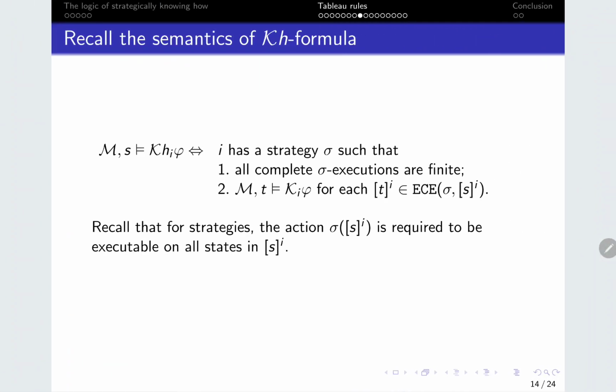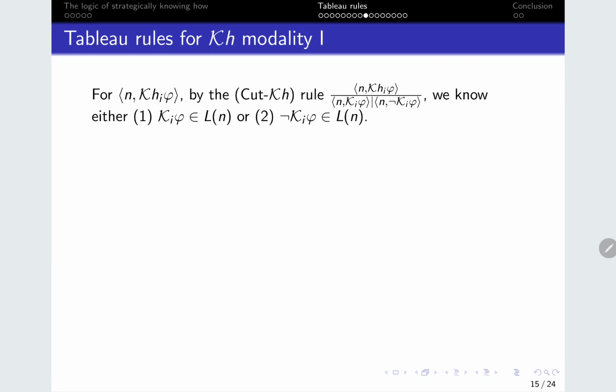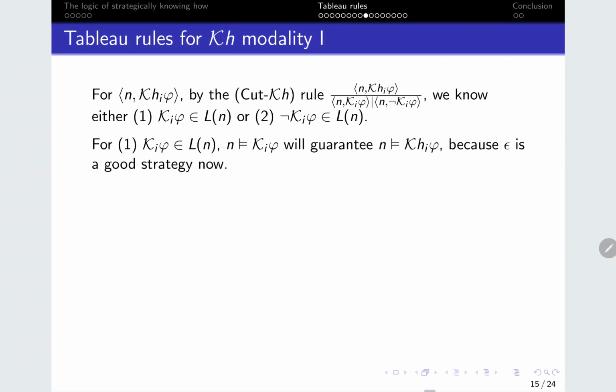Please note that for strategies, the corresponding action sigma(s) is required to be executable on all states in the belief state of S. So for the term n with know-how phi, by the catch rule, we know that there are two situations. For the first situation, know-that phi is labeled on the node n, which means know-that phi is true on n.